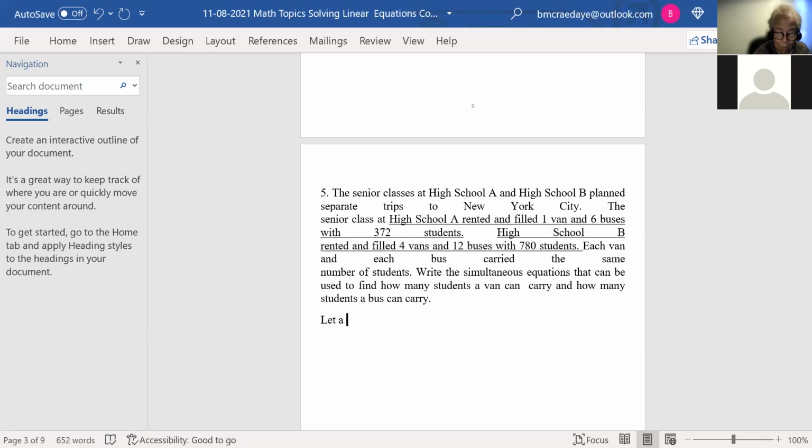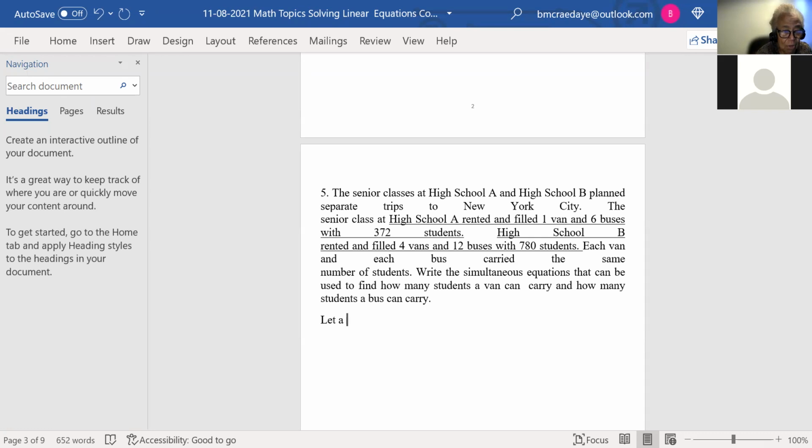A equals this 372 students? No. Remember, you're talking variables here. Let A be one van and 6 buses. Yeah, the high school A rented one van and 6 buses.